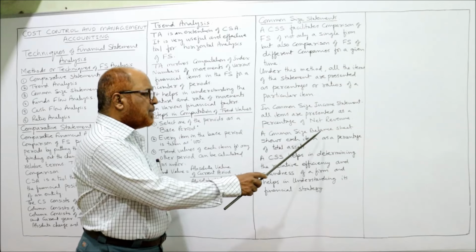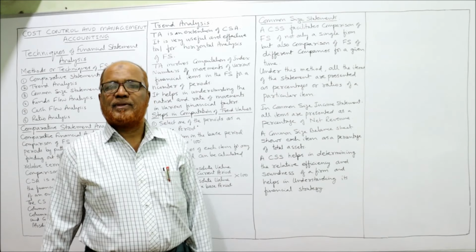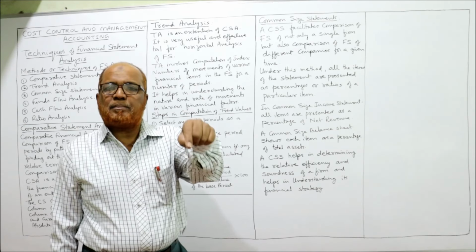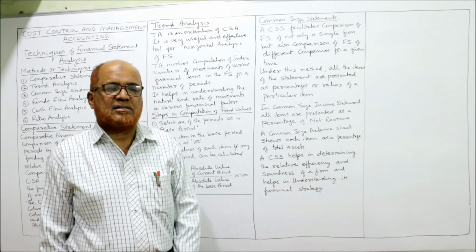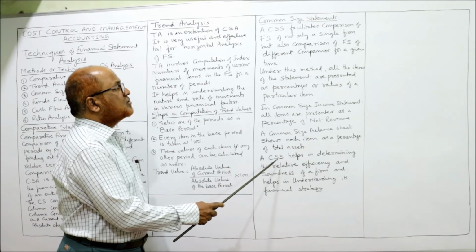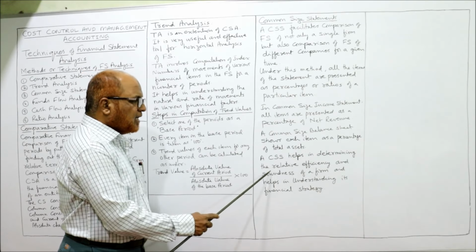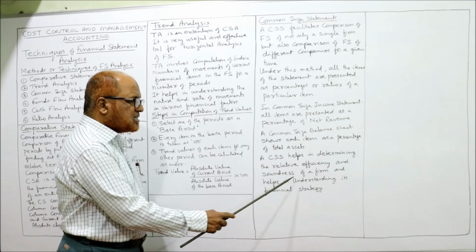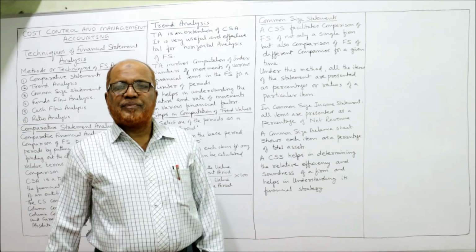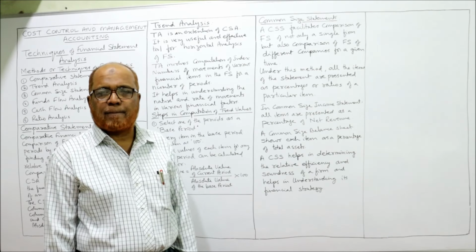And a common size balance sheet shows each item as a percentage of total assets. So in balance sheet, every item will be calculated as a percentage of total assets. A common size statement helps in determining the relative efficiency and soundness of a firm and helps in understanding the financial strategy. That is the main purpose of making this common size statement.